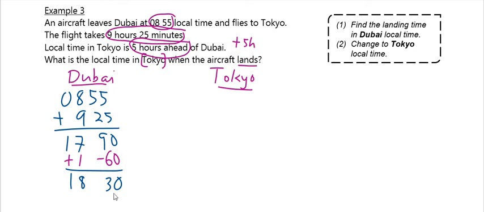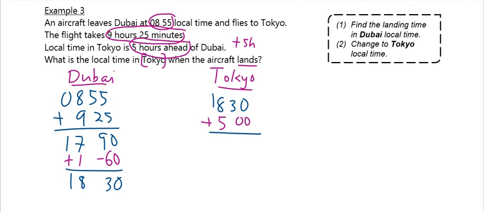So this is in terms of Dubai local time, but you have to find the local time when the aircraft lands in Tokyo. So you take the landing time in Dubai, which is 18:30, and you have to add 5 hours because Tokyo is 5 hours ahead of Dubai.